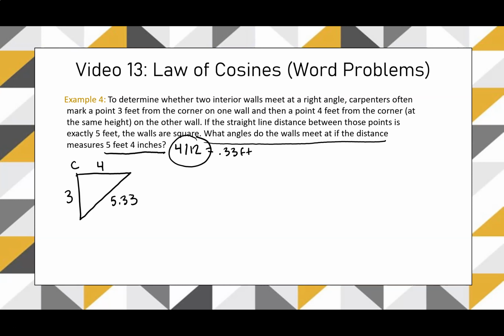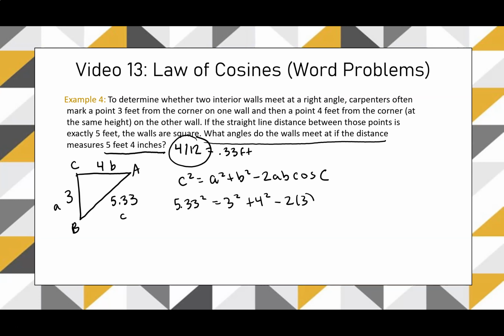So labeling our sides A, B, and C, doesn't really matter what you do here, but I'd like to label them there. And so we're trying to solve for angle C again, so let's do that. We've got C squared equals A squared plus B squared minus 2AB cosine C. So plugging into that, I'm going to get 5.33 squared equals 3 squared plus 4 squared minus 2 times 3 times 4 cosine of C. Well, what is 5.33 squared?